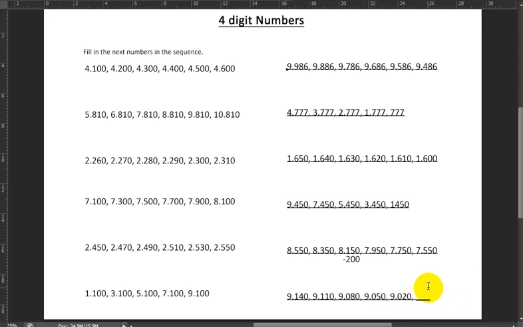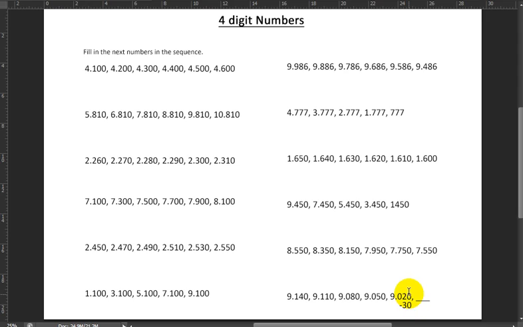And now it's even more difficult because if I borrow, then there's a 0 here, and there's nothing to take it away from. So if you wanted to, you could just write it like this and do the subtraction.